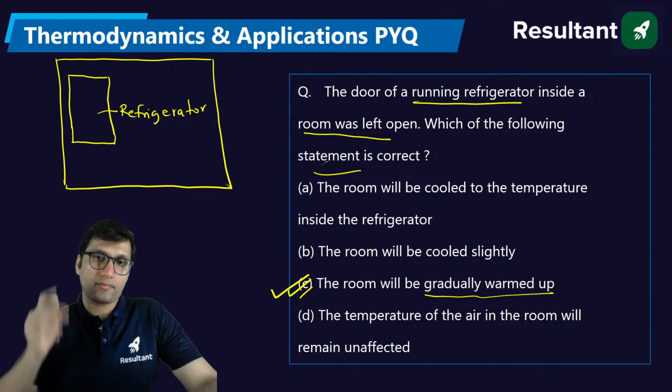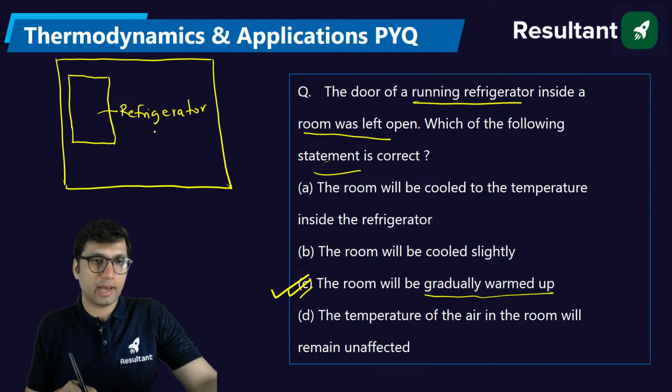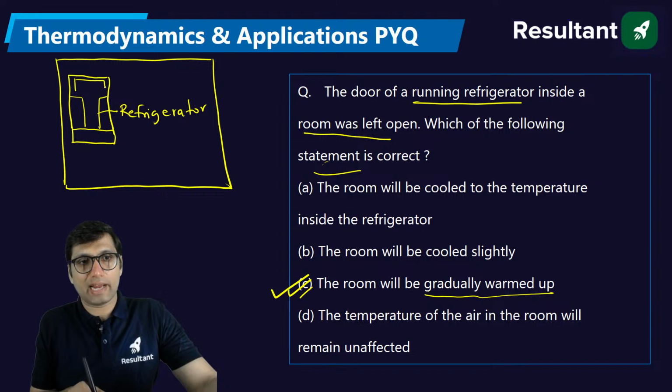Basically what the first question is, you need to firstly understand how the refrigerator functions. See, refrigerator, what does refrigerator does? If the door is closed, then what it will do? Whatever food items you have kept in the refrigerator, for those food items, it will absorb the heat. It will take the heat from those food items and it will reject the heat to the room.